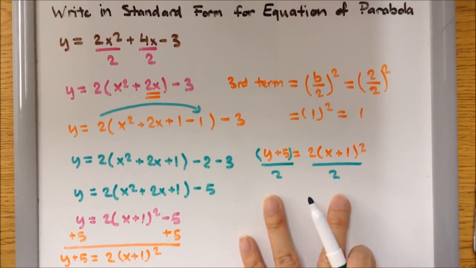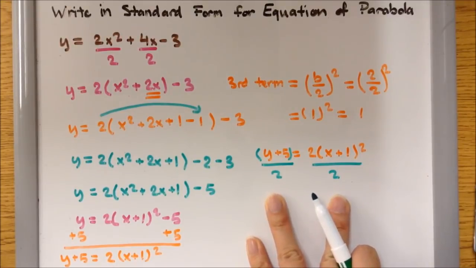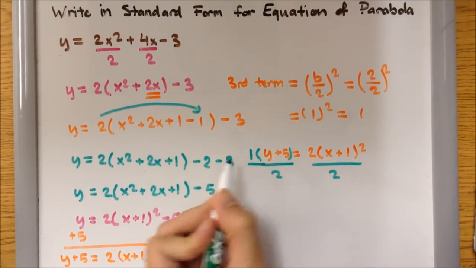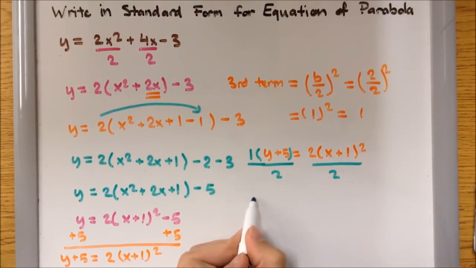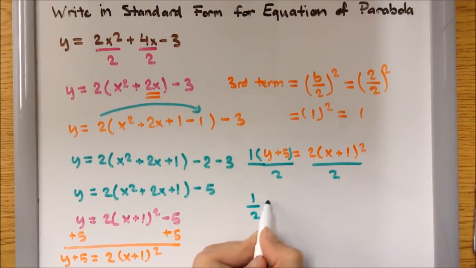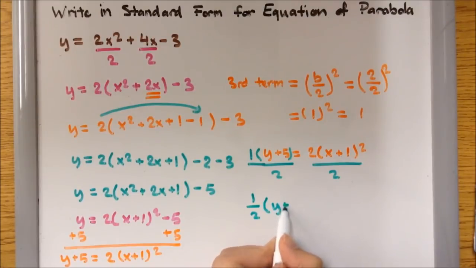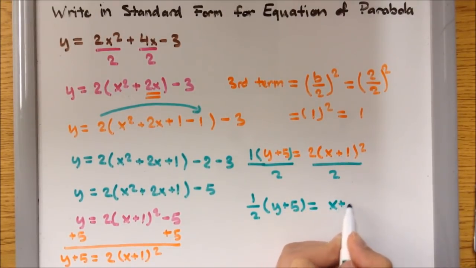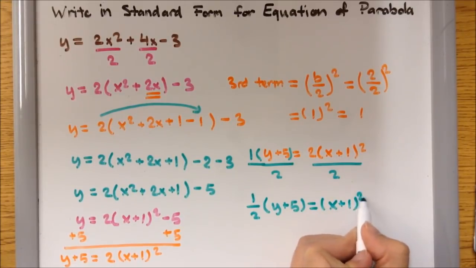Since I'm dividing by 2, and there's an invisible 1 right here, I can simply write it as 1/2 times (y plus 5) equals (x plus 1) squared. So that's it. That's the standard form for this example.